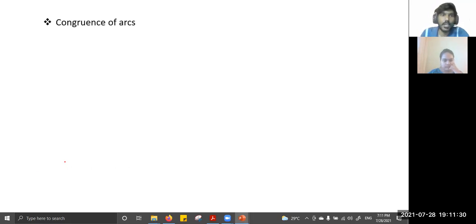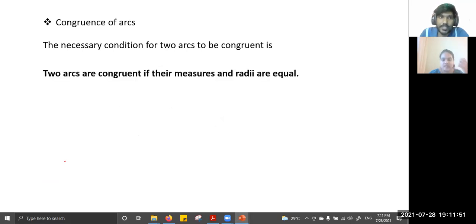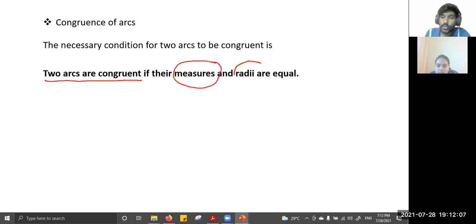No. The next is congruence of arcs. Let's understand what we mean by congruent. When will two arcs be congruent? Now there is a necessary condition. If you want to check whether two arcs are congruent or not, first, both arcs should have the same measures.